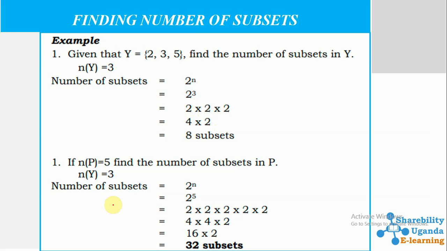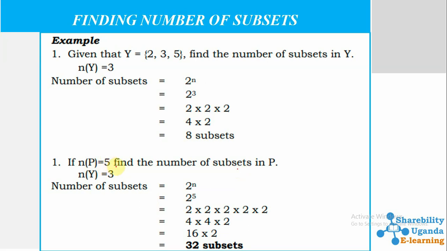Okay, let's look at another example here. Another example is, if the number of elements in set P is equal to 5, find the number of subsets in P. Remember, we said we use our formula, which is 2 to the power n, where n is the number of elements.